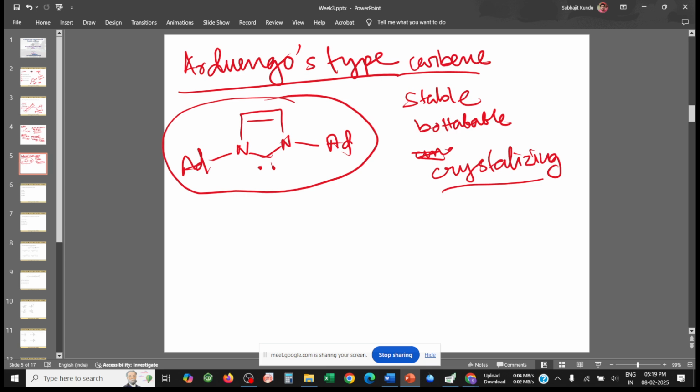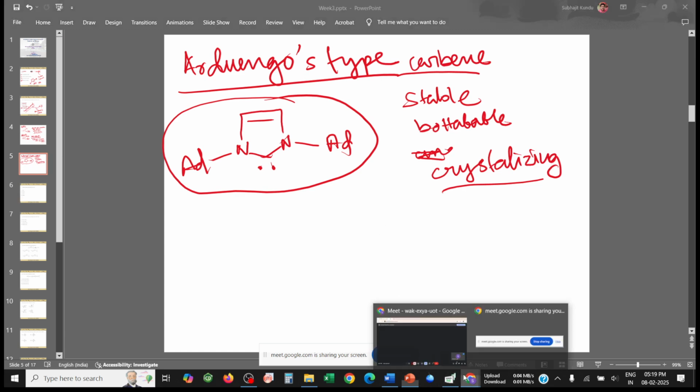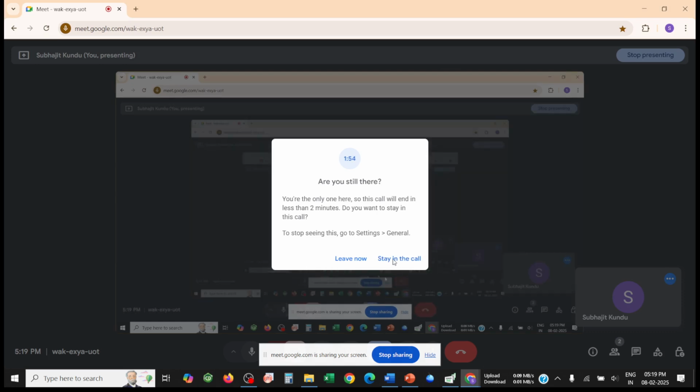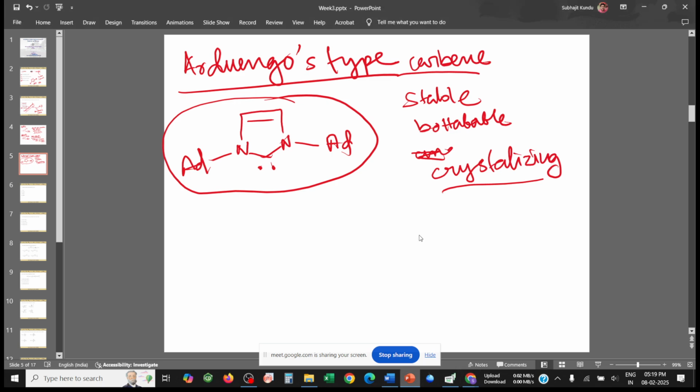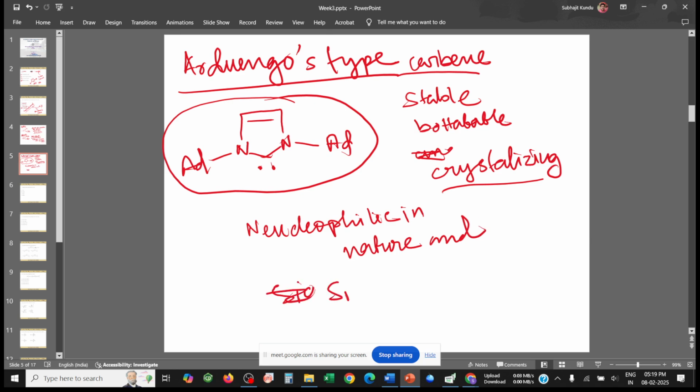This is called the Arduengo type carbene. This carbene is nucleophilic in nature and also a singlet carbene.